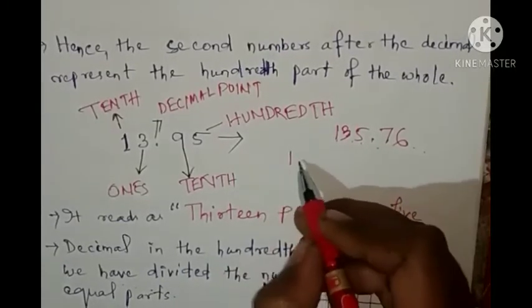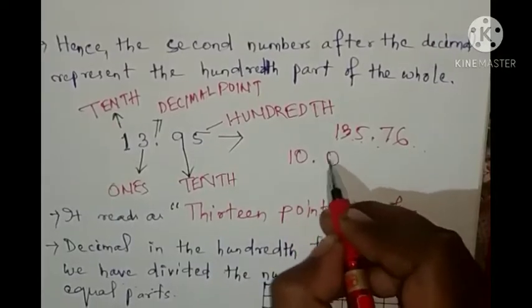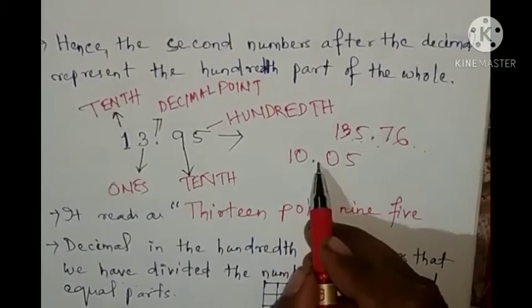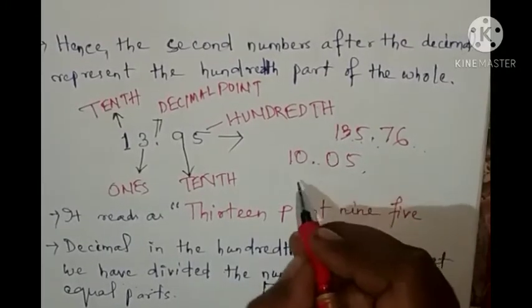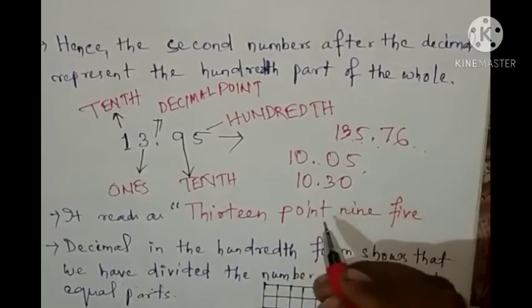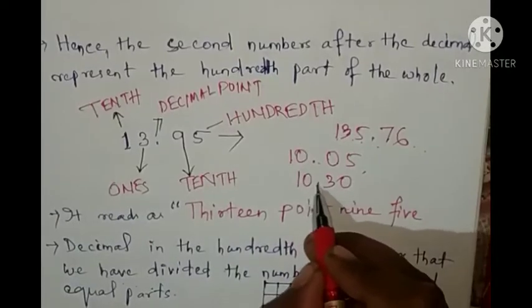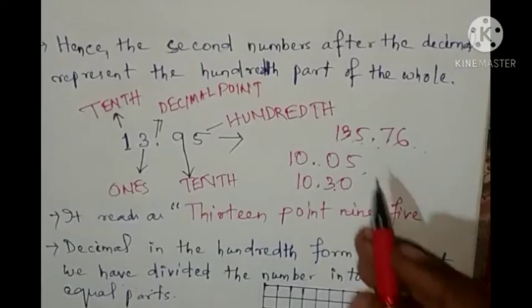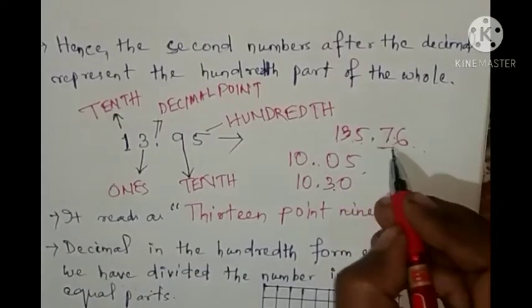What will you read? 10.05. What will you read? 10.30. Like this you can read. After the decimal you read each number separately.